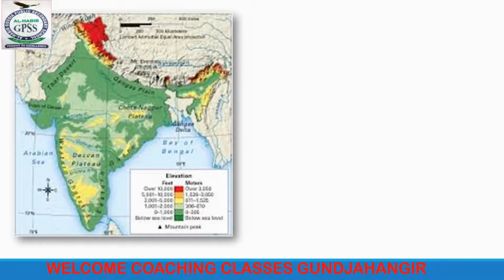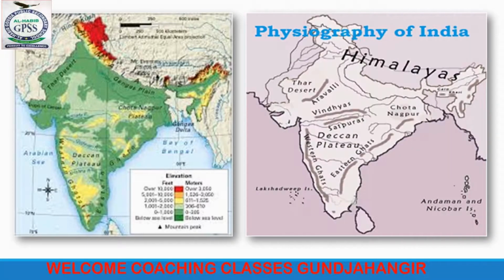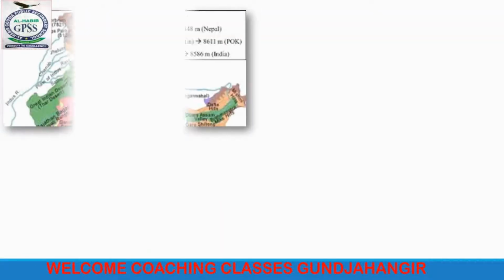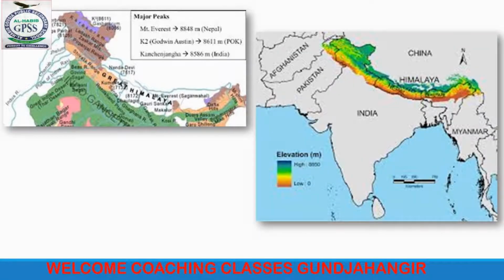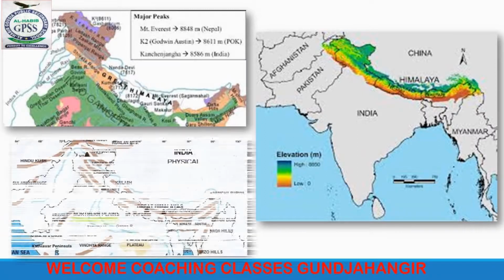The outermost range of the Himalayas is called the Shivaliks. They extend over a width of 10 to 50 kilometers and have an altitude varying between 900 and 1100 meters.